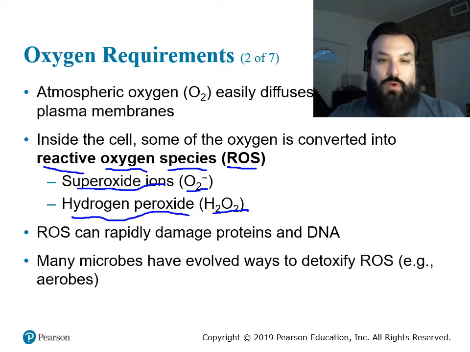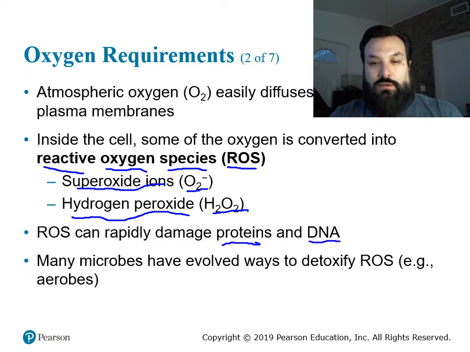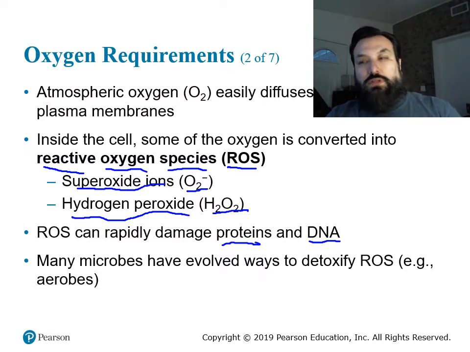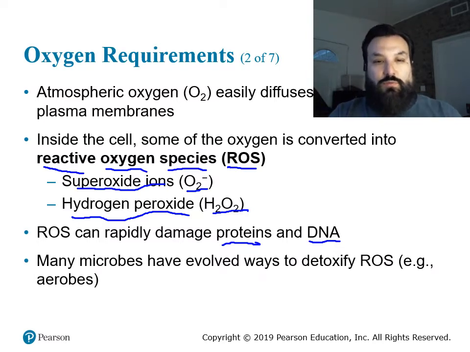Both of those, superoxide ions and hydrogen peroxide molecules, can damage proteins and DNA, both of which are bad for a cell. A cell will die if these are let loose and start to damage proteins and DNA, right? Because of this, organisms have adapted and developed ways to detoxify and break these superoxide ions and hydrogen peroxide down.